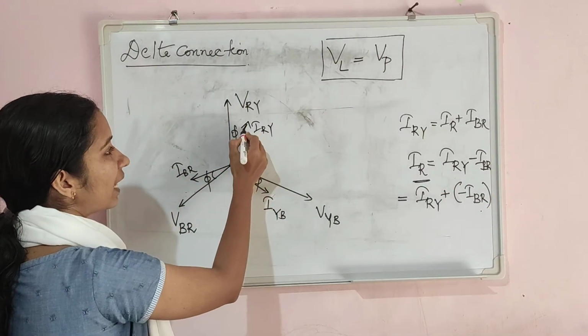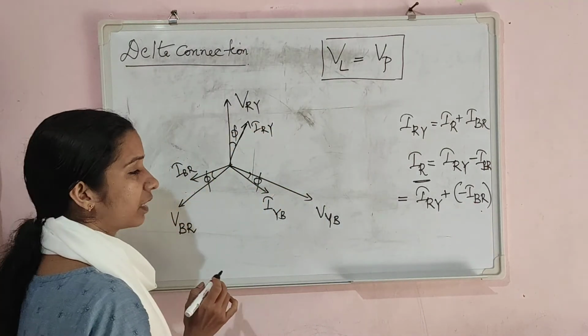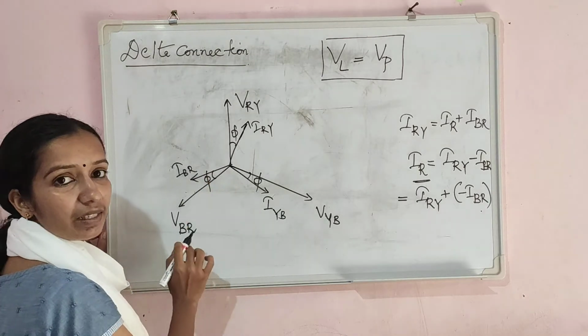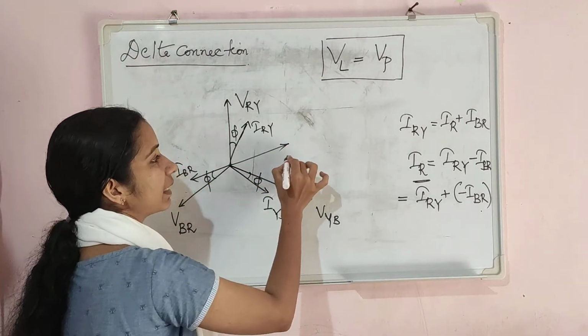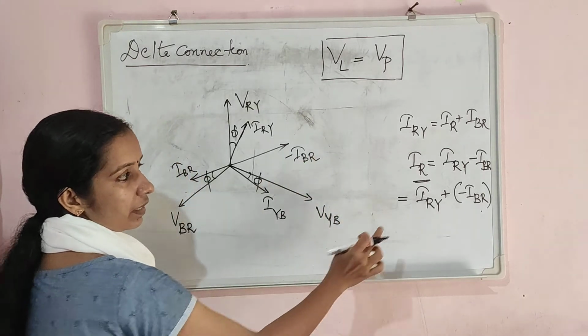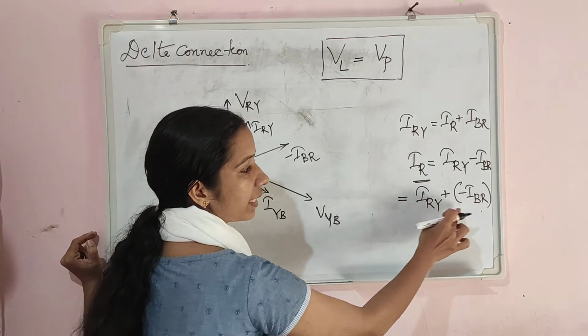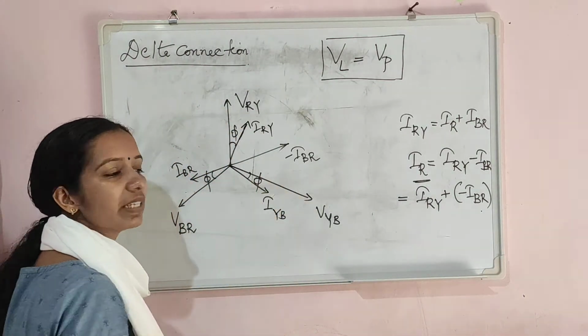We have IRY here, and we need minus IBR. So this is IBR. By extending IBR in the opposite direction, we will get minus IBR, and IR will be the vector sum of IRY and minus IBR.